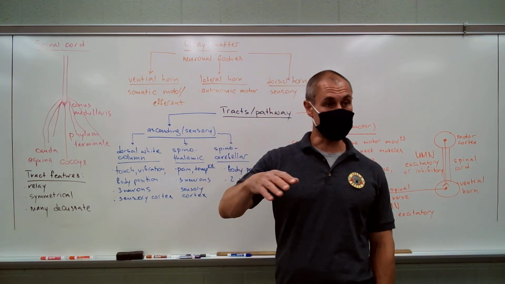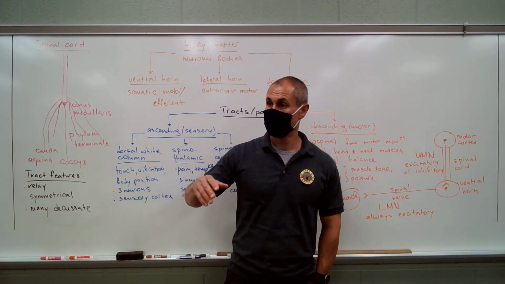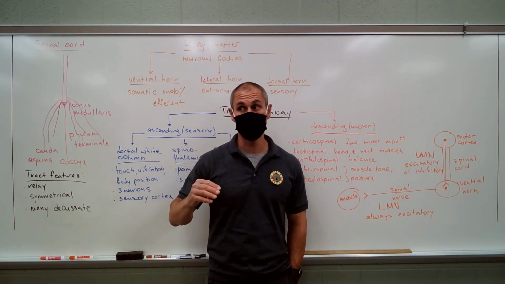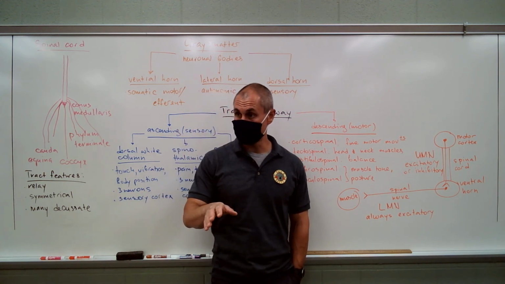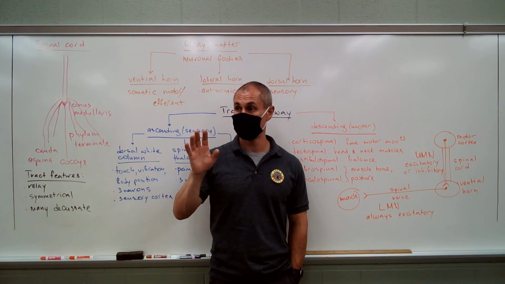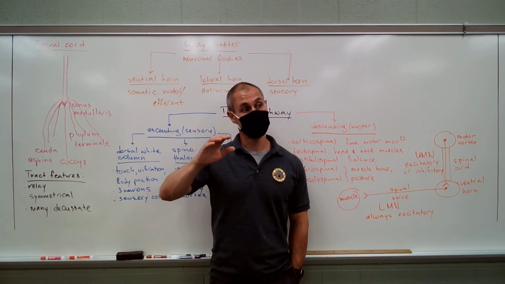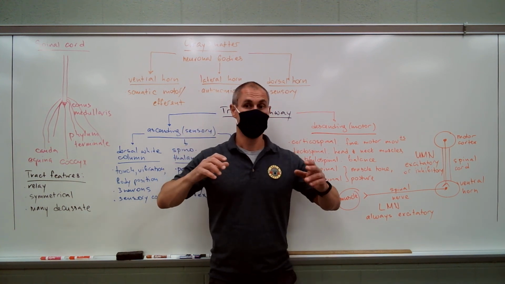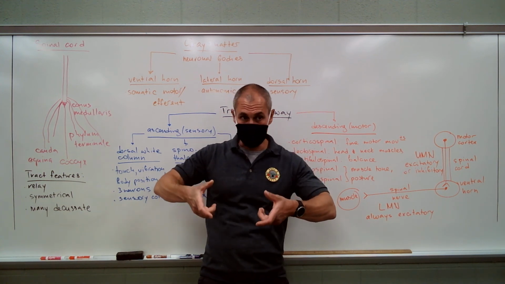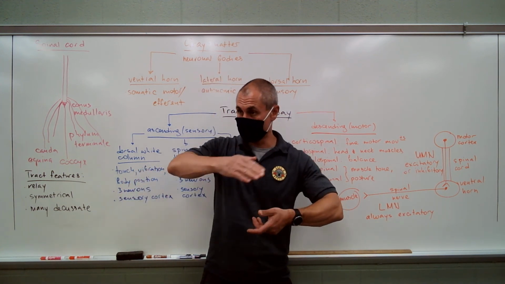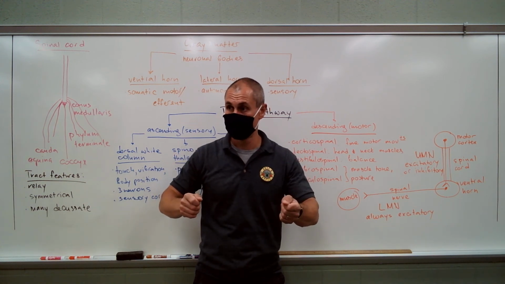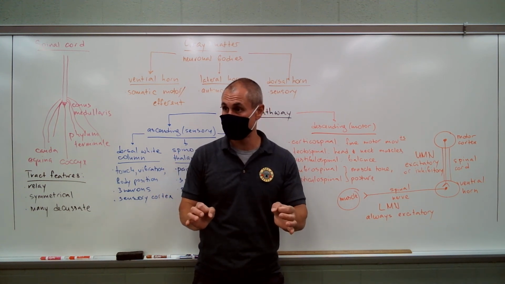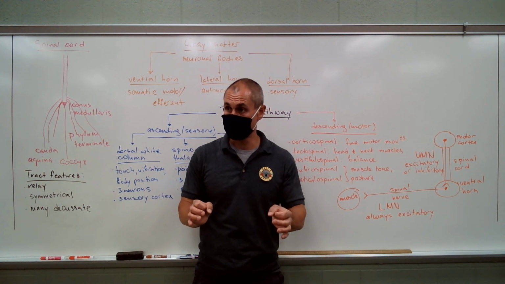Okay, anatomy-wise, the only picture, and believe me, that's going to be enough. The only picture you're going to see on the anatomy exam regarding the tracts, you have probably seen, is the cross-section of the spinal cord with the red and blue colored spots on the notes. It's close.